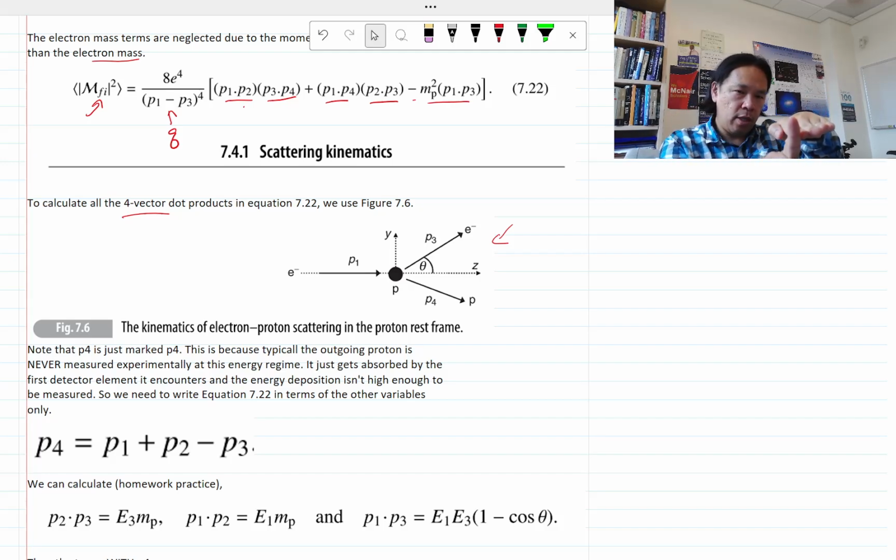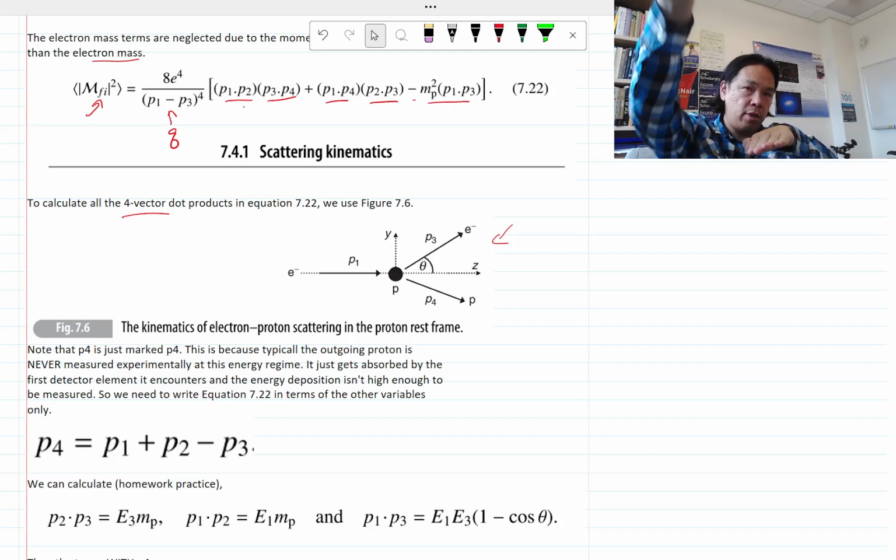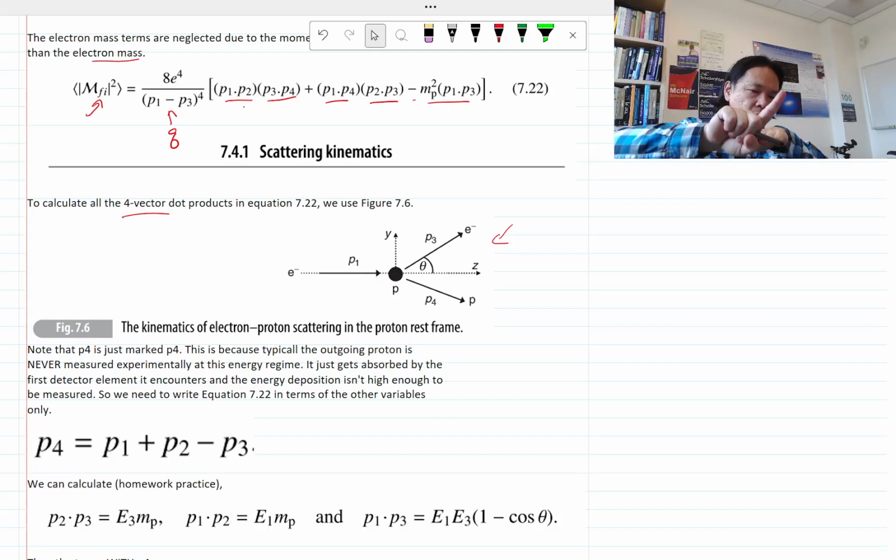And then as the electron bounces out, you can measure which direction it went, and probably its energy also. Actually, in the end, what you will find is that all you need to measure is the angle, because with that angle you can determine the energy of the outgoing electron. But the point to know is that the proton is never measured.